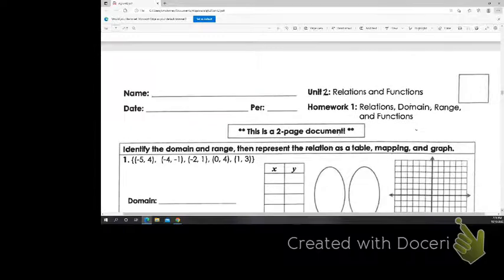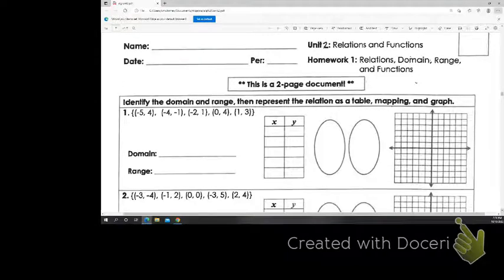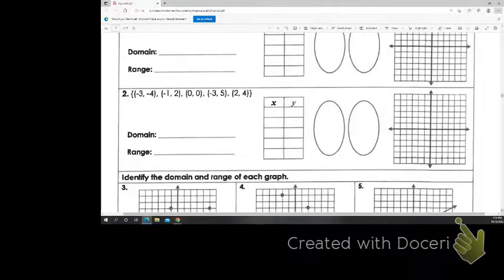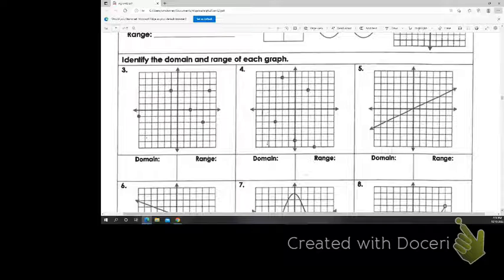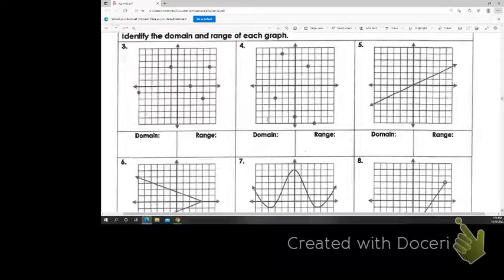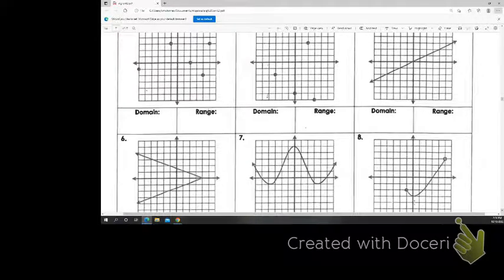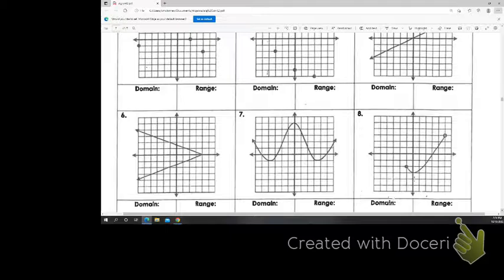So homework 1 is something you're going to do. Some of this comes from the other video and the notes about domain and range, for both discrete functions like these first questions, and then domain and range also for continuous functions like 5, 6, 7, 8, which I talk about on day 2, near the end of that video.